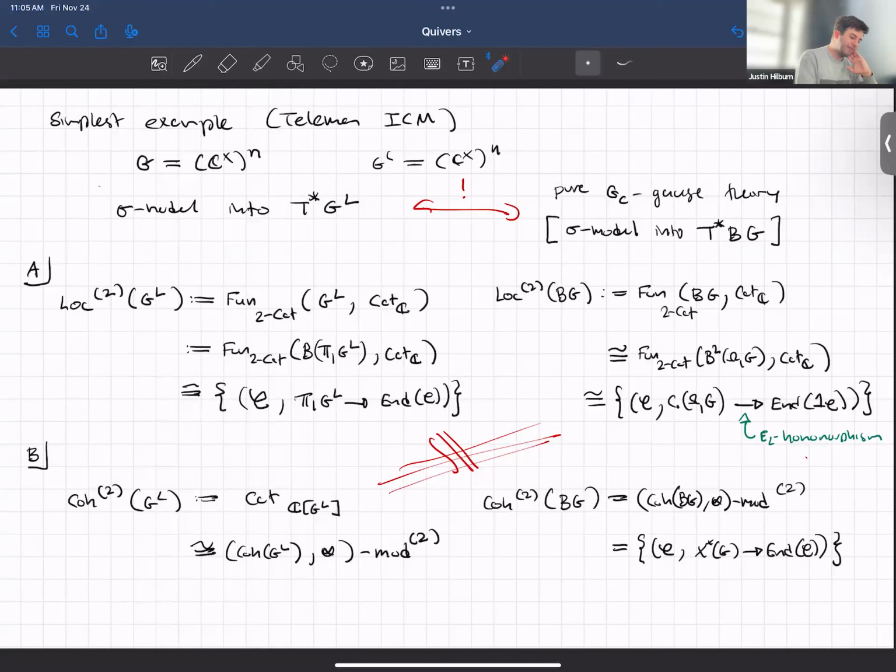And then if you want to make these things a little bit more concrete, a local system of categories should just be defined to be a functor, in 2Cat, from this topological space viewed as a category into the 2-category of C-linear categories.